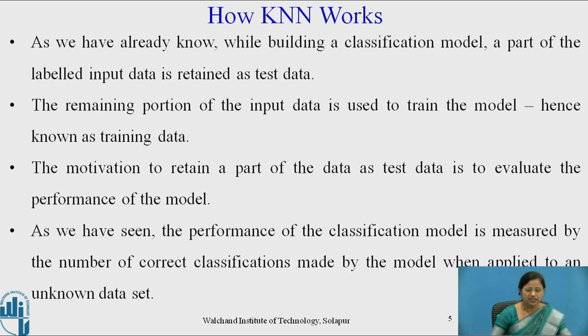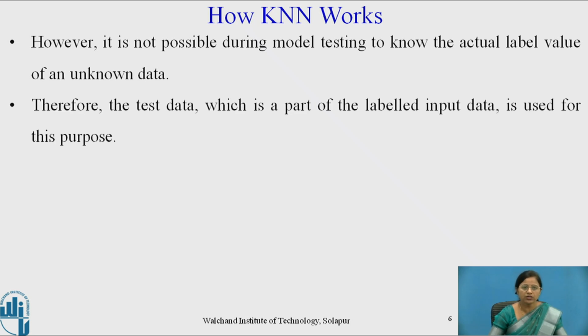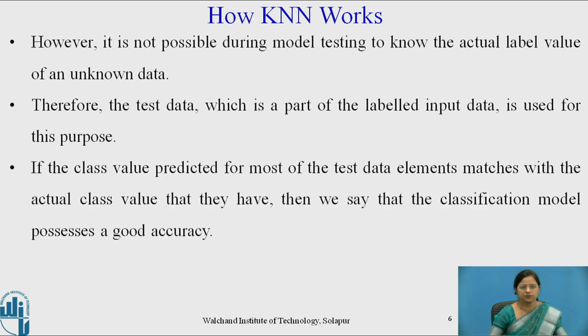As we have seen, the performance of the classification model is measured by the number of correct classifications made by the model when applied to an unknown dataset. However, it is not possible during model testing to know the actual label value of unknown data. Therefore, the data to be tested, that is test data, which is part of the labeled input data, is used for this purpose.